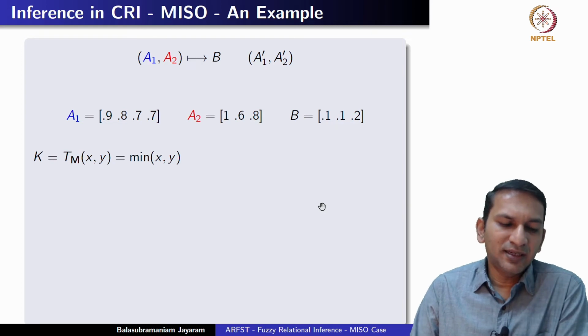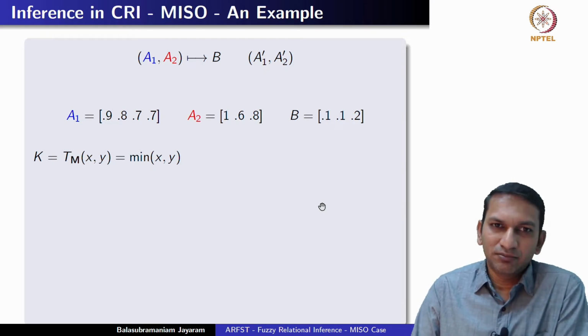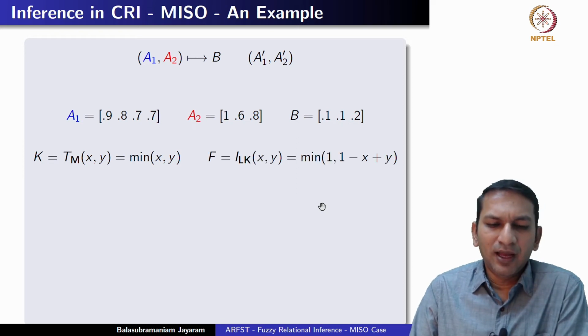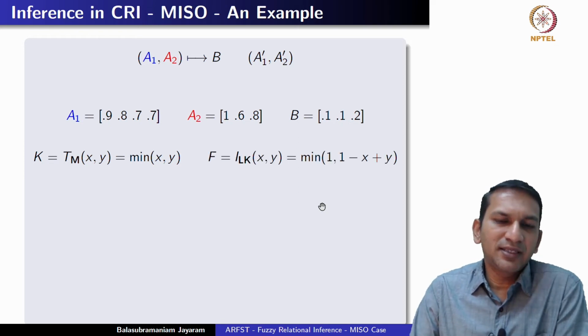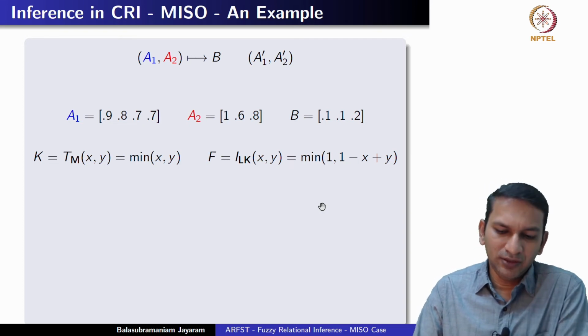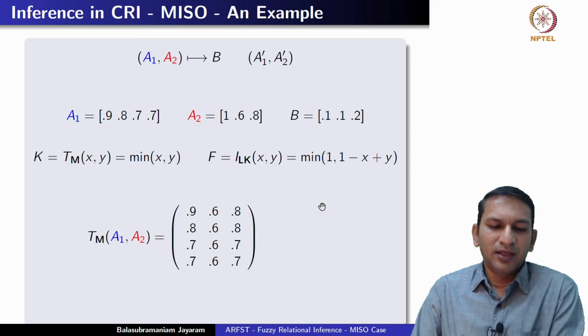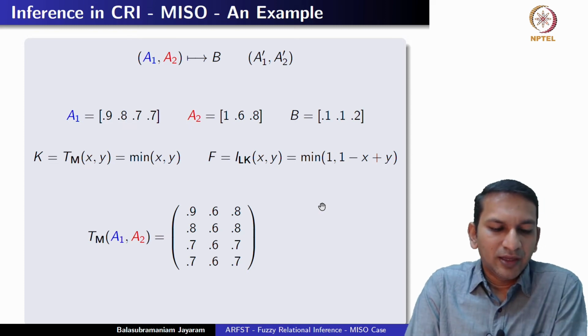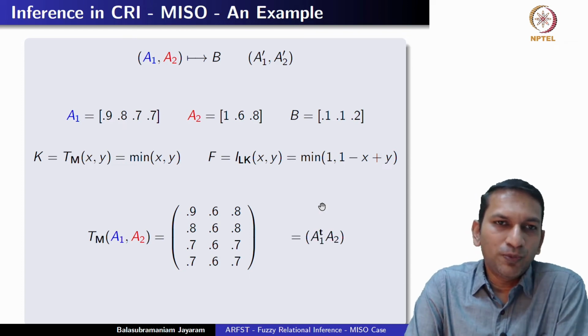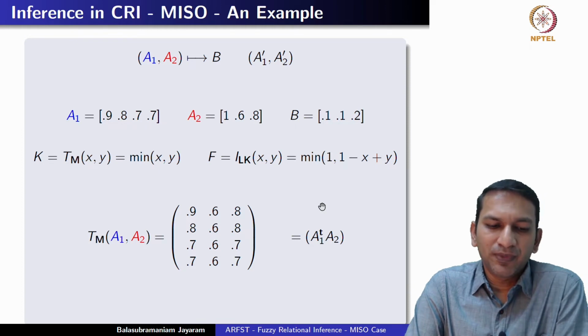And for the antecedent combiner, let us use the operation min, just to keep the working example simple. And to relate the combined antecedent to the consequent, let us use the Lukasiewicz implication. Now, combining a1 and a2 means what? Essentially what we have done earlier to obtain the relation from the rule.